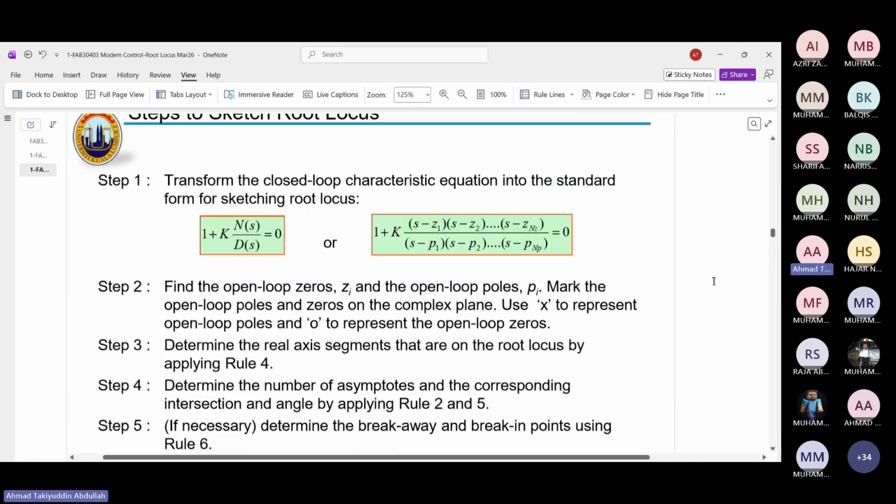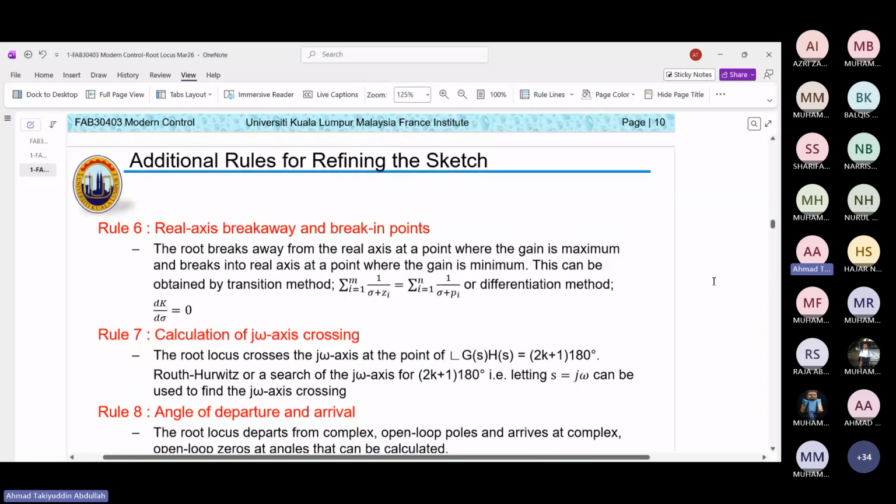Let's get to what we're supposed to have for this breakaway and break-in point.